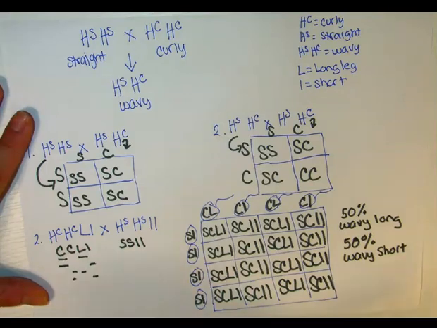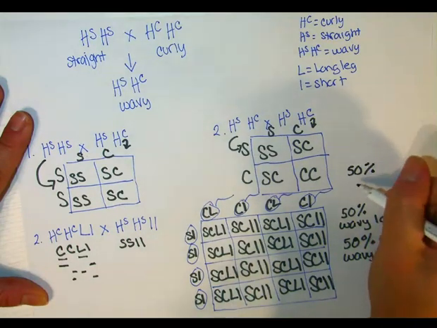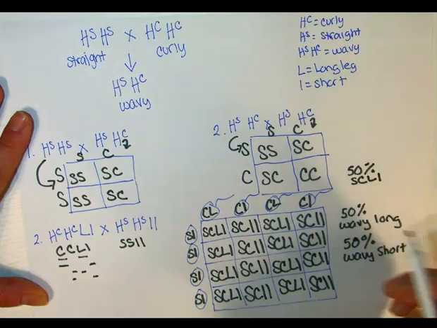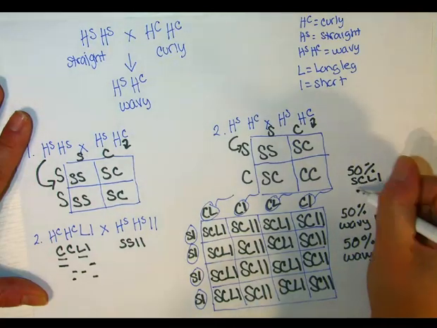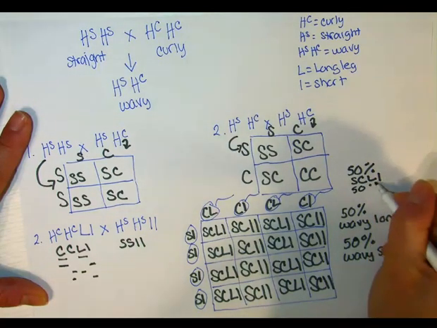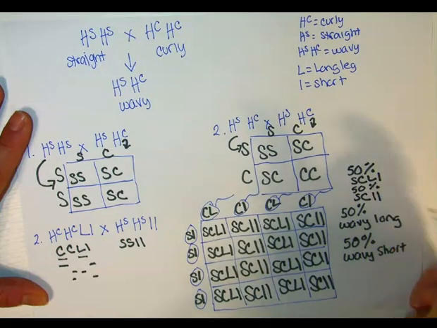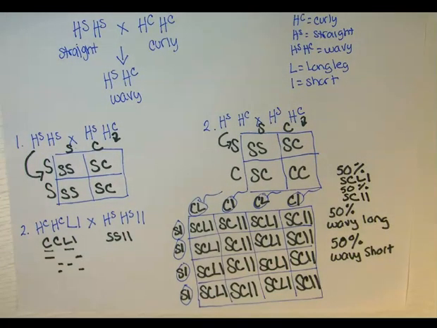And the genotypic ratio is 50% are going to be SC, so they're going to be heterozygote, and then 50% are going to be heterozygote and homozygote. So that's how we figure out that last question. So I hope this helps, guys.